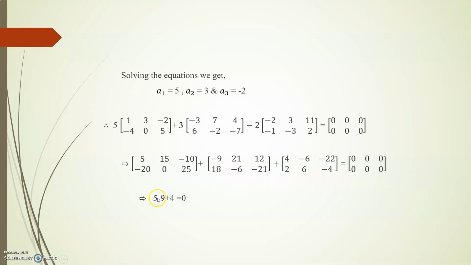So 5 minus 9 plus 4 equal to 0. That is 5 plus 4 is 9, 9 minus 9 equal to 0. Similarly, all the other values, plus 15, then plus 21, then minus 6, are also equal to 0. Then minus 10 plus 12 minus 22 also gives 0. So therefore, it is linearly dependent.